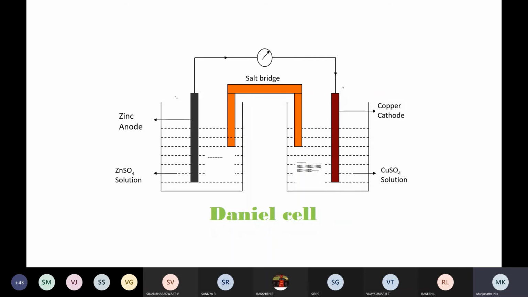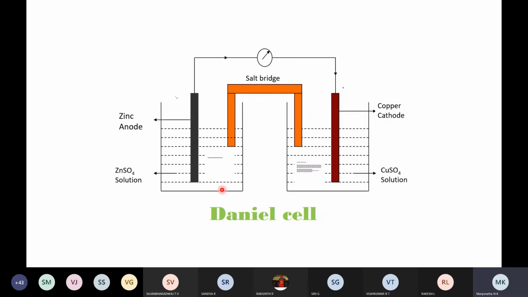So first, coming to the construction of this Daniell cell. The Daniell cell consists of two containers. See, this is one container and this is another container, in which one container is placed on the left hand side and the other container is placed on the right hand side.